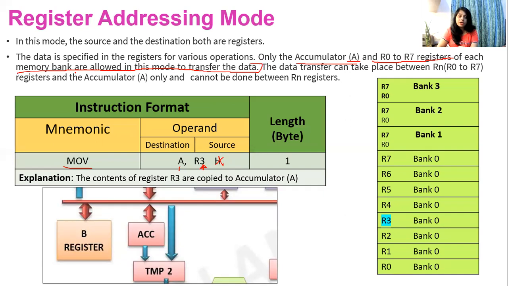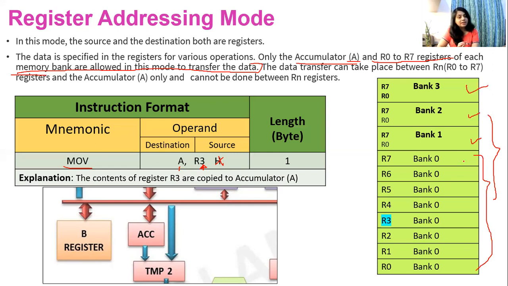What are R0 to R7 registers? If you remember, R0 to R7 registers are the registers in the memory bank. Here I have shown a part of the internal memory of the 8051 microcontroller, in which the bottom part of memory is divided into 4 register banks. This is register bank 0, this is register bank 1, register bank 2 and register bank 3.